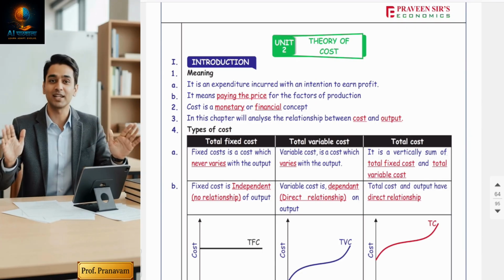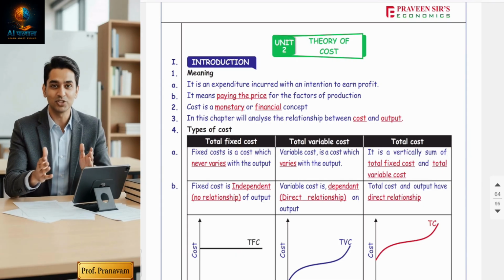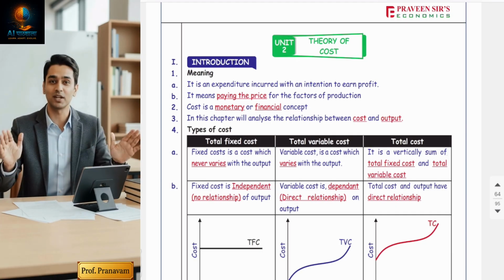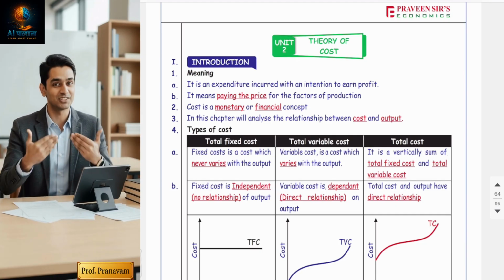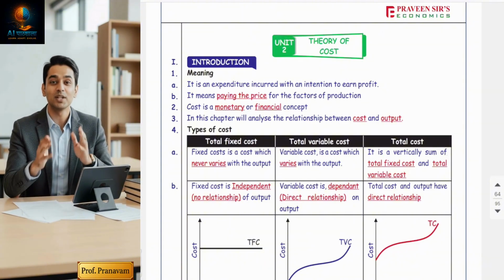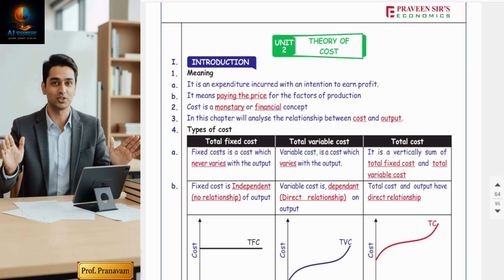So, today in this video, we are doing a rapid revision, a fast explanation or a marathon explanation of a topic called theory of cost. The purpose of this video is just to make you comfortable with my notes so that when you refer to my notes, you get 100% out of it.